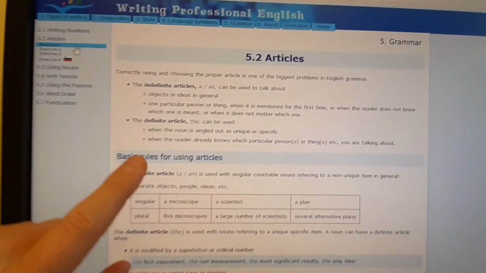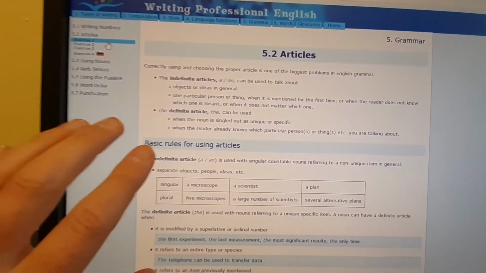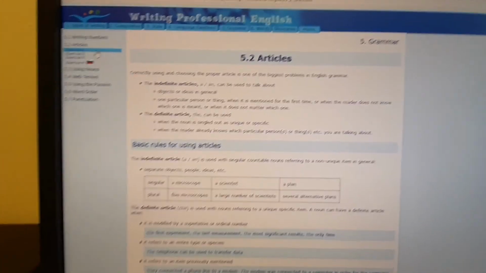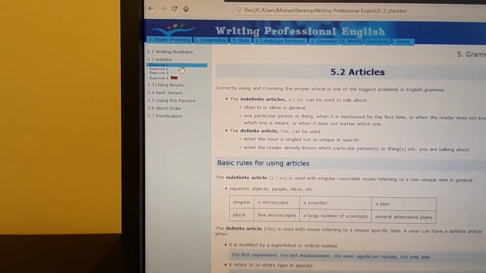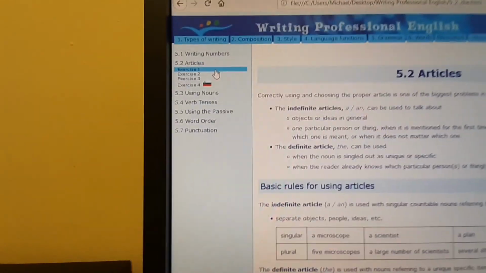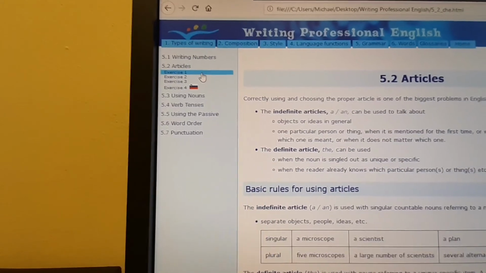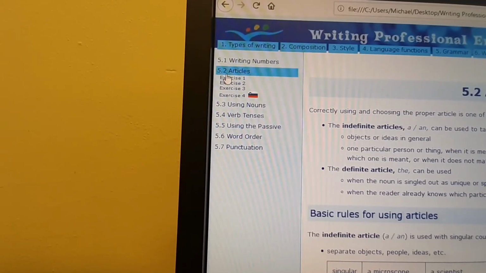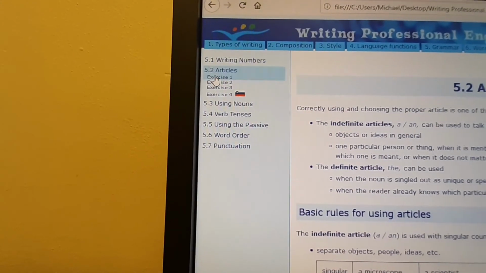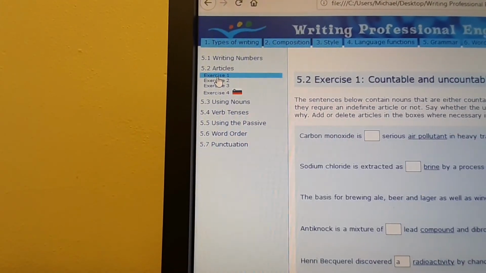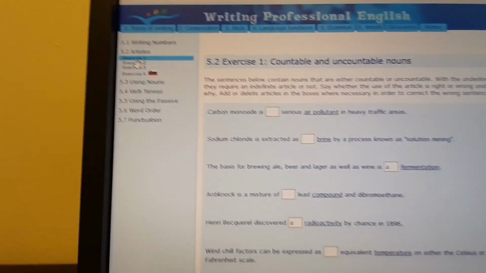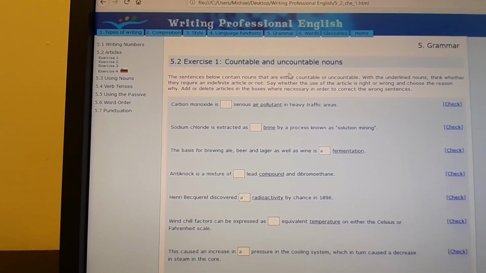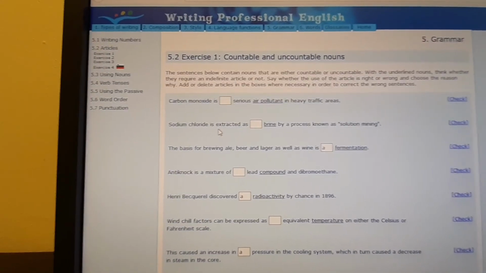Everything is explained again, so you can go through all of this stuff. Read it, but what I would like you to do, and you don't need to send it back to me, this is only self-study this week, is go to some of these exercises. Click on exercise 1. The first part is about countable and uncountable nouns.